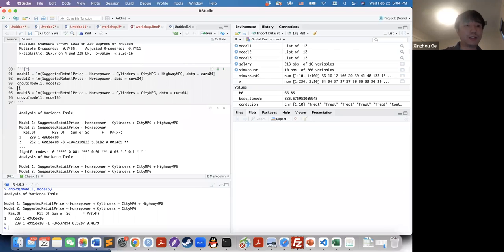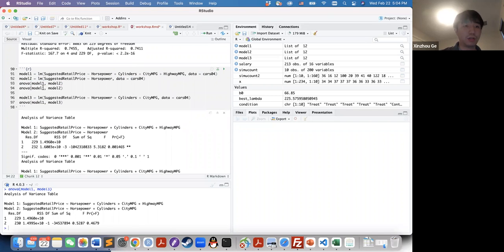One thing to be noticed is that the order of these models does not matter. For example, if we do ANOVA of model 1 and model 2, or model 2 and model 1, these two results will be exactly the same.